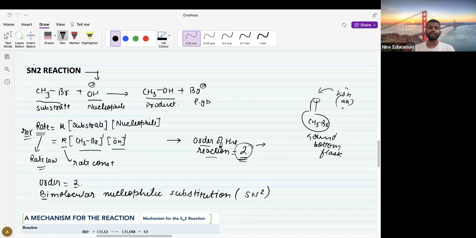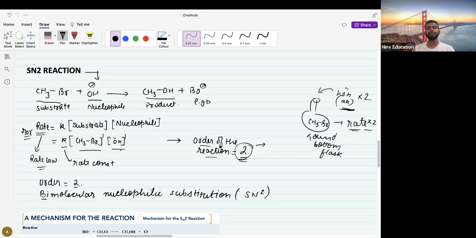If I increase the concentration of KOH by doubling it, the reaction rate, how fast it is going, will also double.